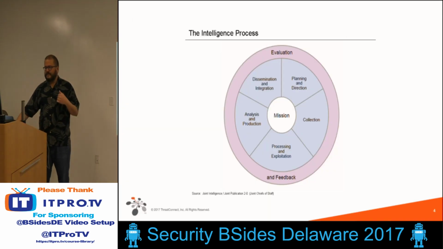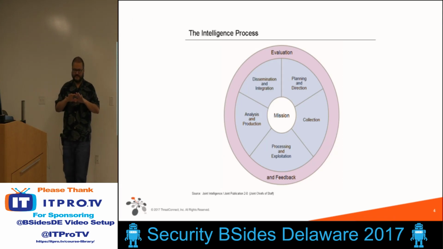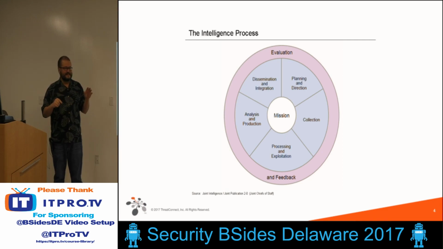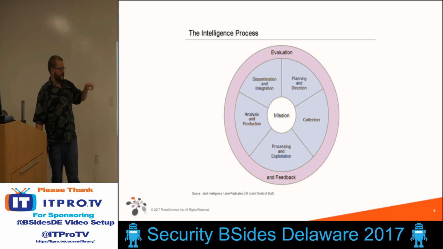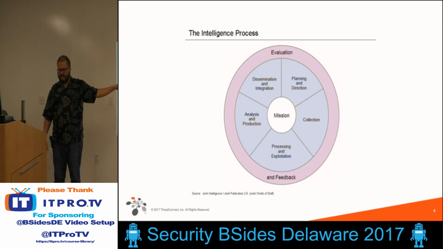And the intelligence process, just to continue on some of the education part of this. The intelligence process is a circular process. You have your planning and direction stage, and then collection.